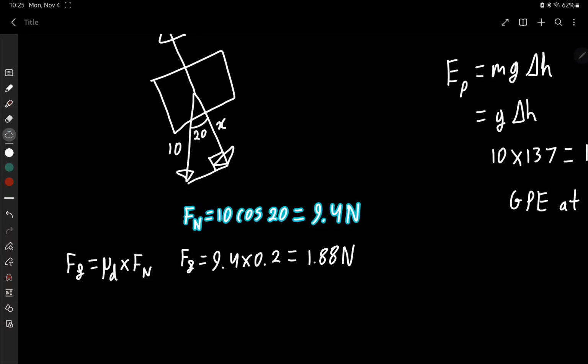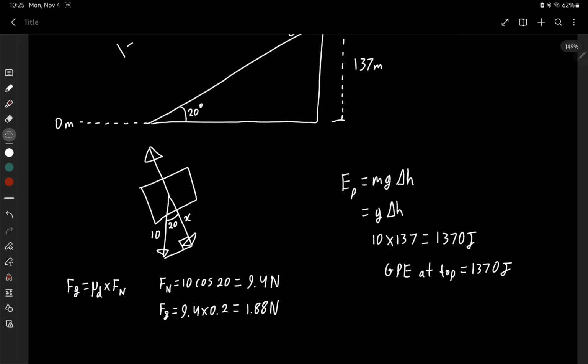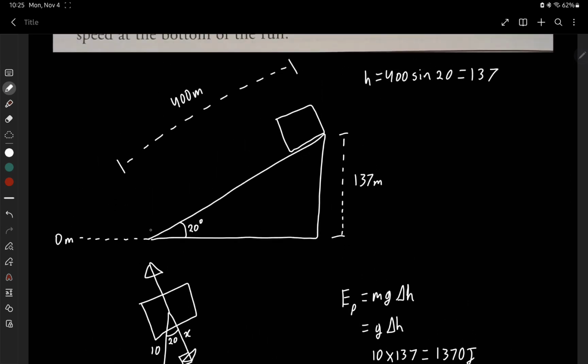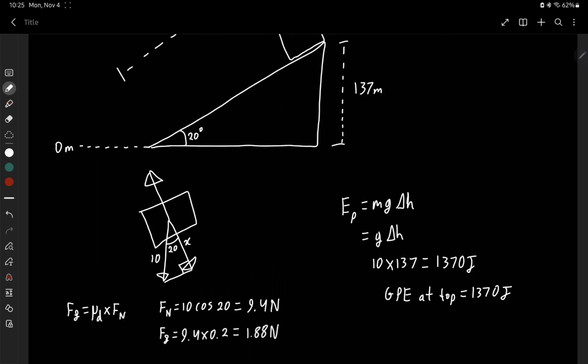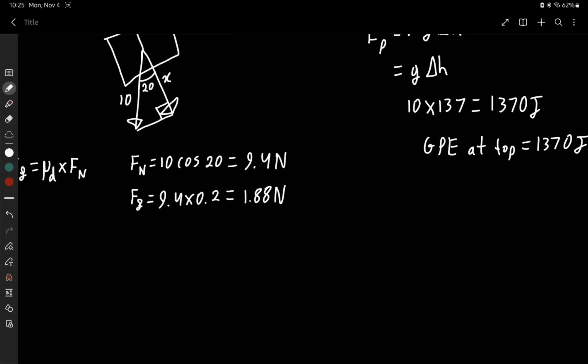What I first fell into when I was solving this problem was setting this as the energy loss, but obviously force is not an energy, so we have to convert this to an energy. We know the distance covered is 400 meters, and the frictional force, the force that resists motion in the direction the object is traveling, is 1.88.